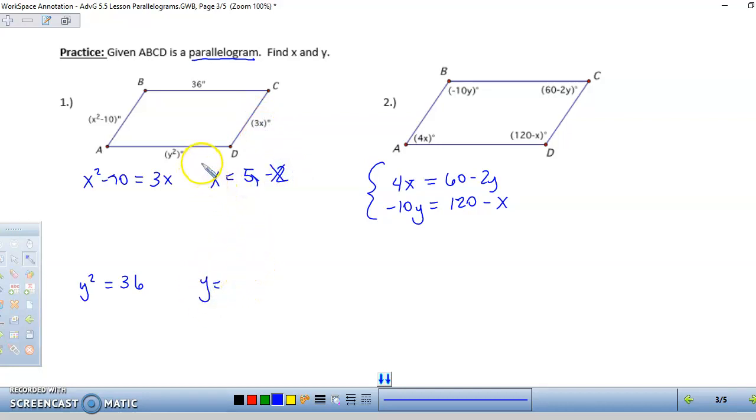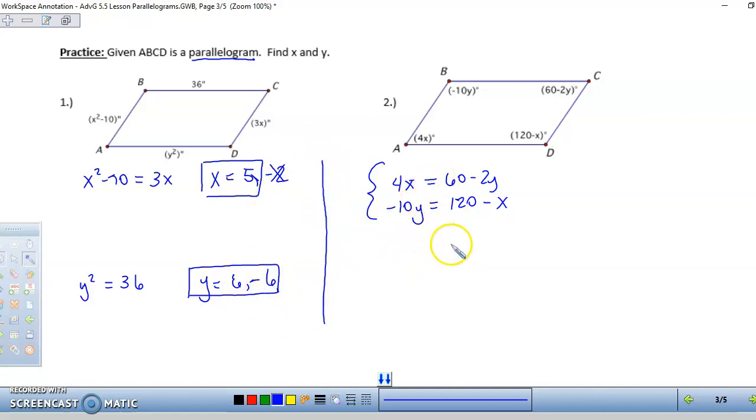Okay, so only x equals 5. For y, if you square root both sides, you get 6 and negative 6. When I plug in the 6 here, I get 36. When I plug in the negative 6 times negative 6, also 36. So in this case, both the positive and the negative work. So you do need to check for negative answers working in the picture.